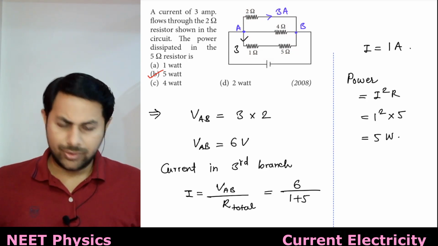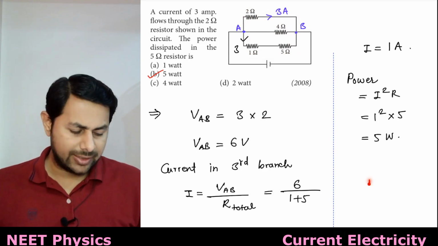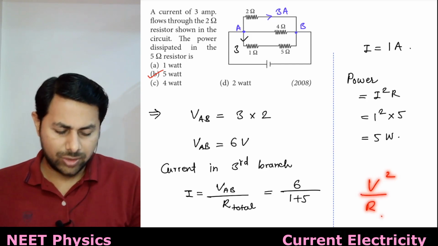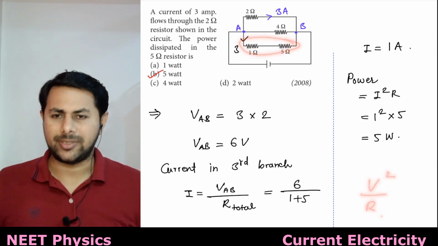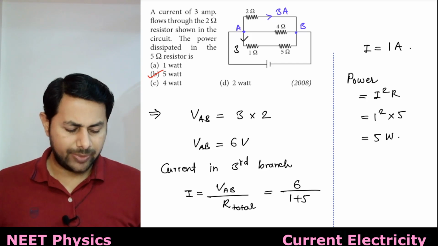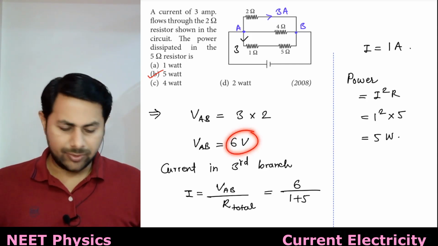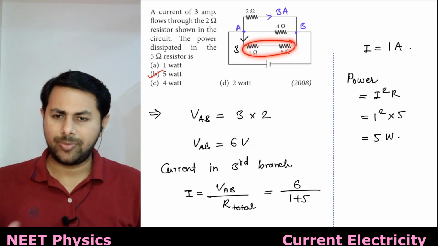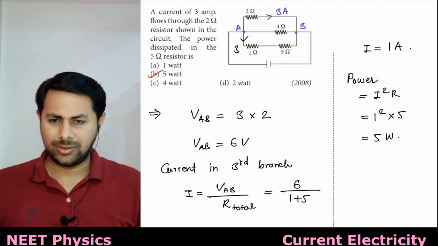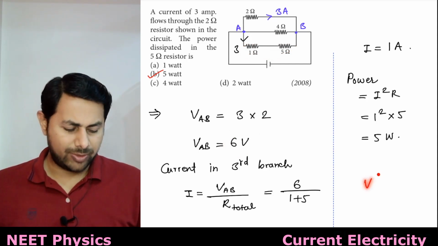Now you can find the total power dissipated in this branch using V square by R, because you already found out V was 6 volts.